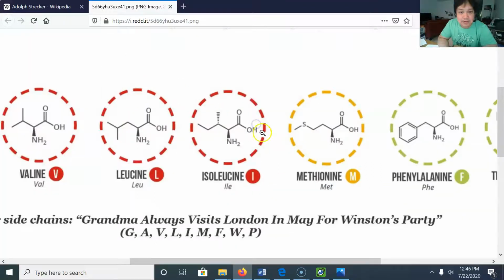Isoleucine is right here in the middle. Oof, it has 2 stereocenters. I might have just bit myself. Okay, so let's try this. Let's say we have to make isoleucine. It is still going to be racemic at the alpha carbon, NH2.